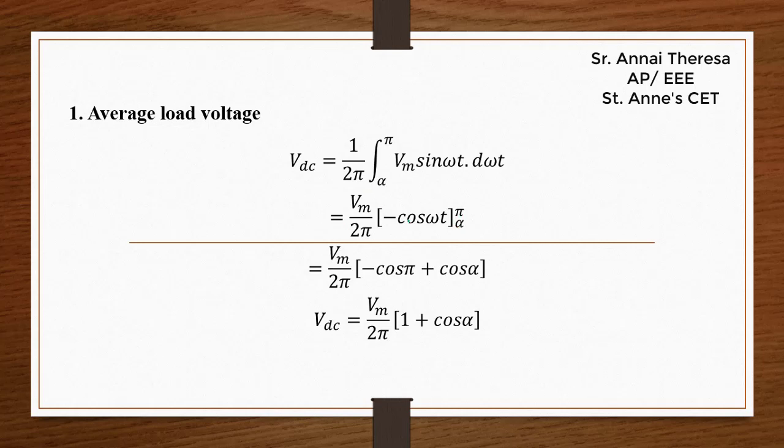Upper limit minus lower limit gives minus cos π minus of minus cos α. Cos π is minus 1, so we get plus 1 plus cos α.